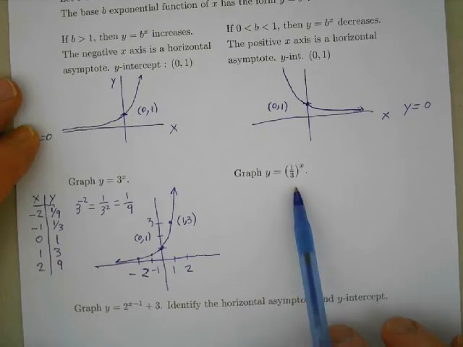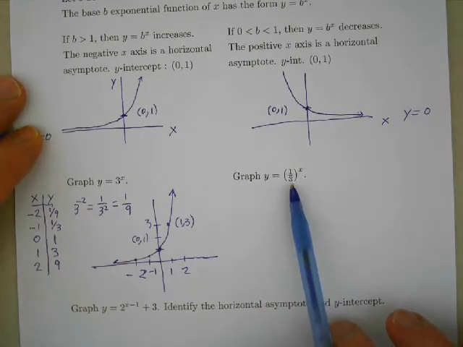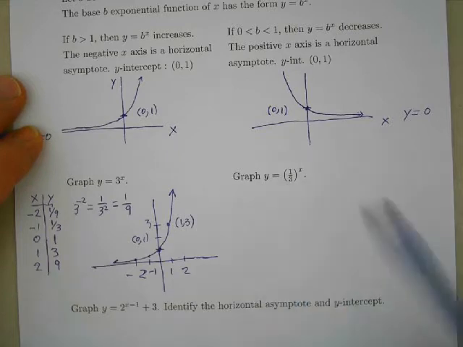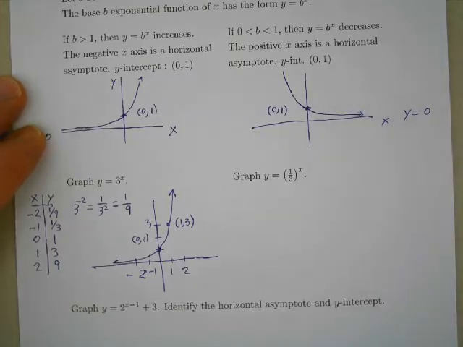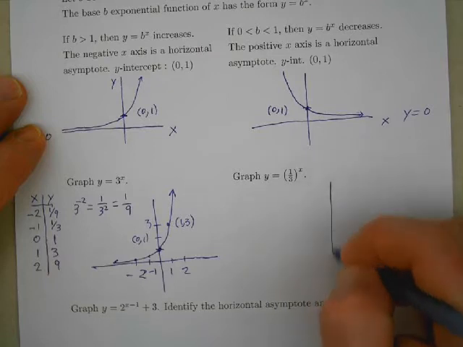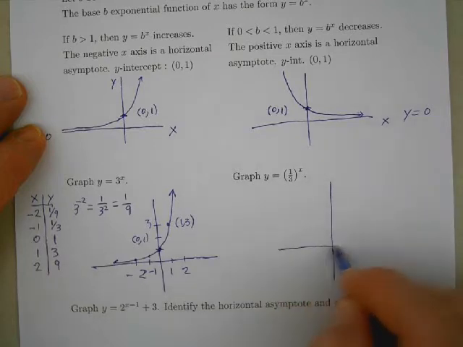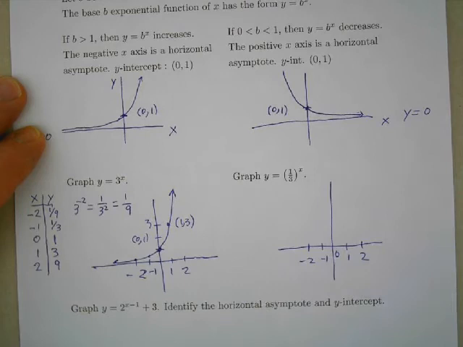The next example, y equals 1/3 to the x. This base number is between 0 and 1, so we're expecting it to decrease like what it does up here. Okay, so we'll pick -2, -1, 0, 1, and 2 for the x values again.